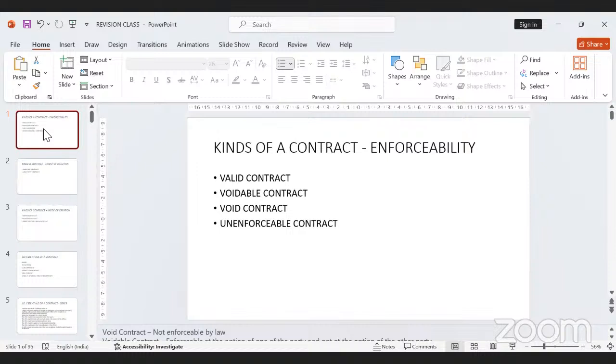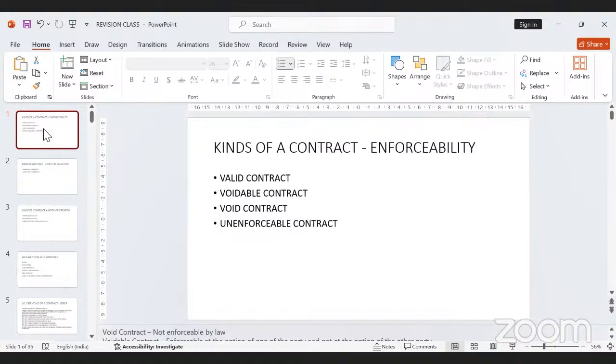So the first one is enforceability. That means, are these contracts enforceable or not? That is one parameter for classifying contracts. So based on that, you have a valid contract, which is enforceable by law. Voidable contract is a contract which is enforceable by law at the request of one party, but not at the request of the other party, right?